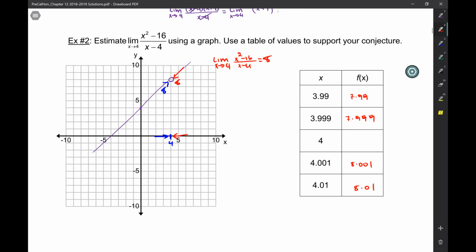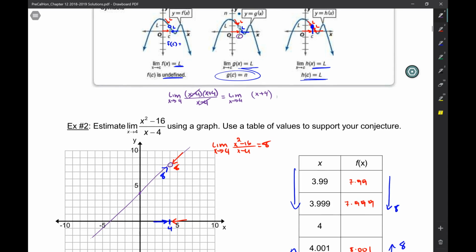Okay? Now, does the numerical part support what we're doing over there? As I'm approaching 4 here, is the y value approaching 8? Yeah. How about from here? Is the y value approaching 8? Yeah. Okay. Plug in 4 to the actual function.